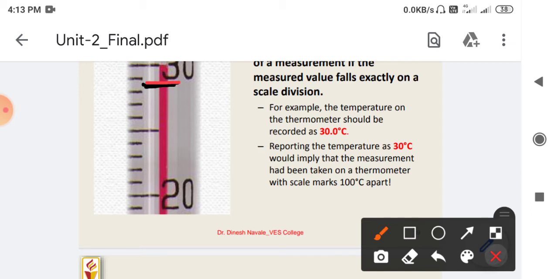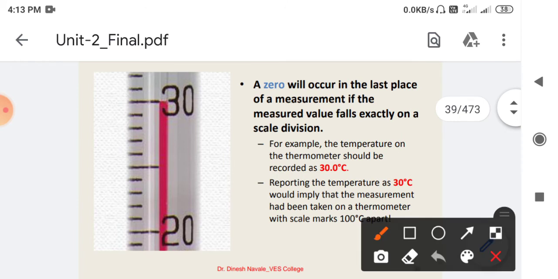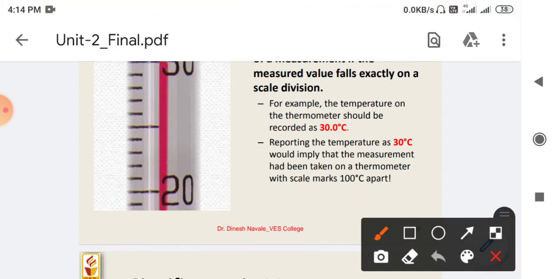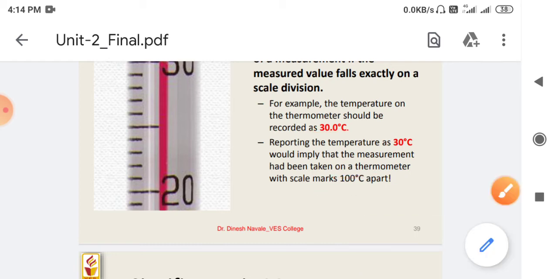But if in a certain case we get the exact reading at the last zero place, then we can say we get the exact value on the scale division. For example, a temperature on the thermometer recorded as 30 degrees would imply that the measurement has been taken on a thermometer with a scale of 100 degrees apart.